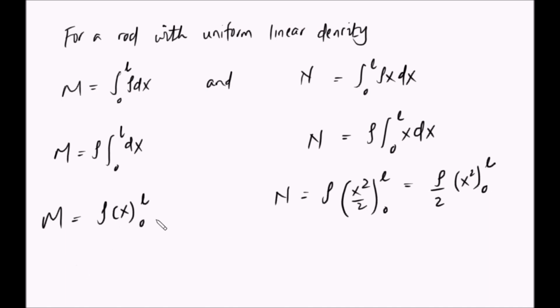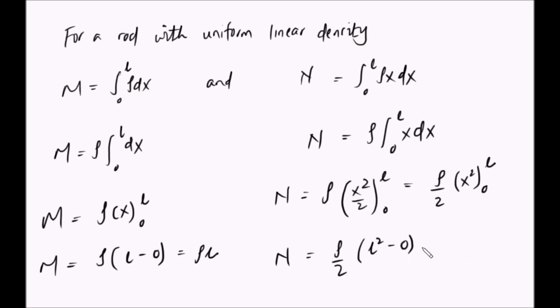So substituting the limits of integration, you get mass equal to rho times L minus 0, which is rho L, and the first moment will be rho over 2 times L squared minus 0 squared, which is rho over 2 L squared.